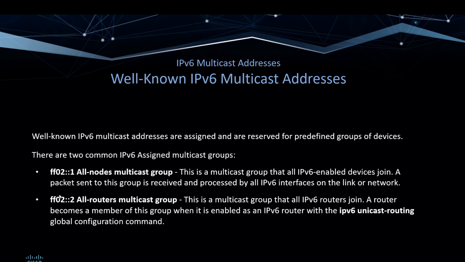This is the all nodes address, meaning all devices, including routers, switches, hosts, all nodes. And then we have all routers, which is destined for all routers. If a host wants to send an RS router solicitation, it will send it to the all routers multicast address.